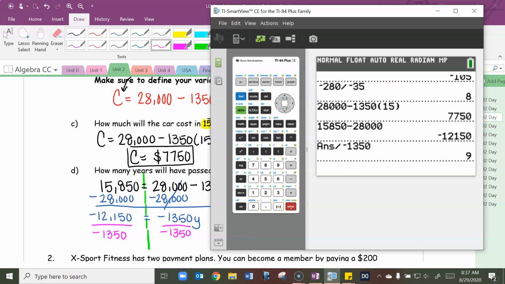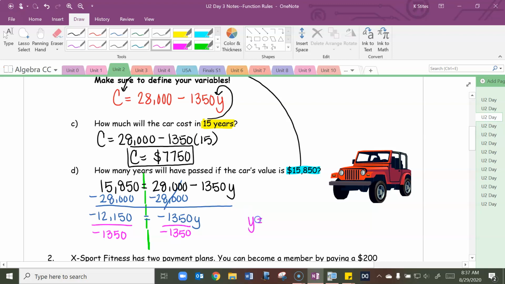And that gives us 9. Remember, we just solved for y, so make sure you have your unit. Y equals 9 years. This just means that 9 years have passed if this is the price of your car now.